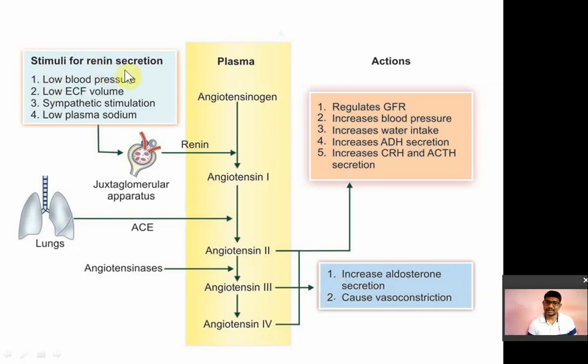So these are the stimuli for renin secretion. Now renin is secreted by special cells present in the kidney known as juxtaglomerular cells, the juxtaglomerular apparatus.